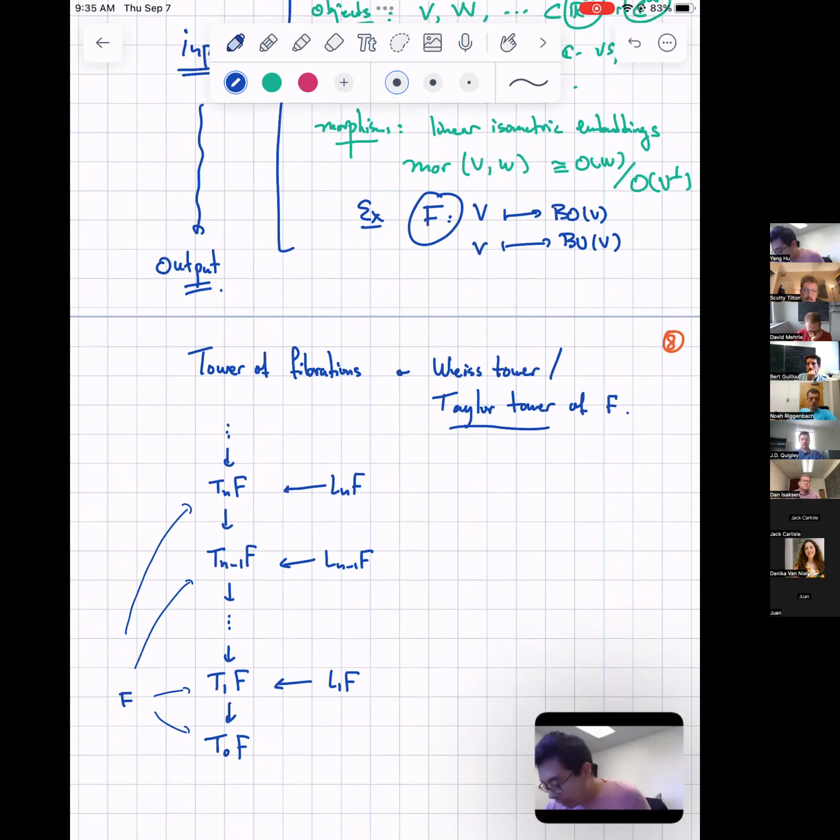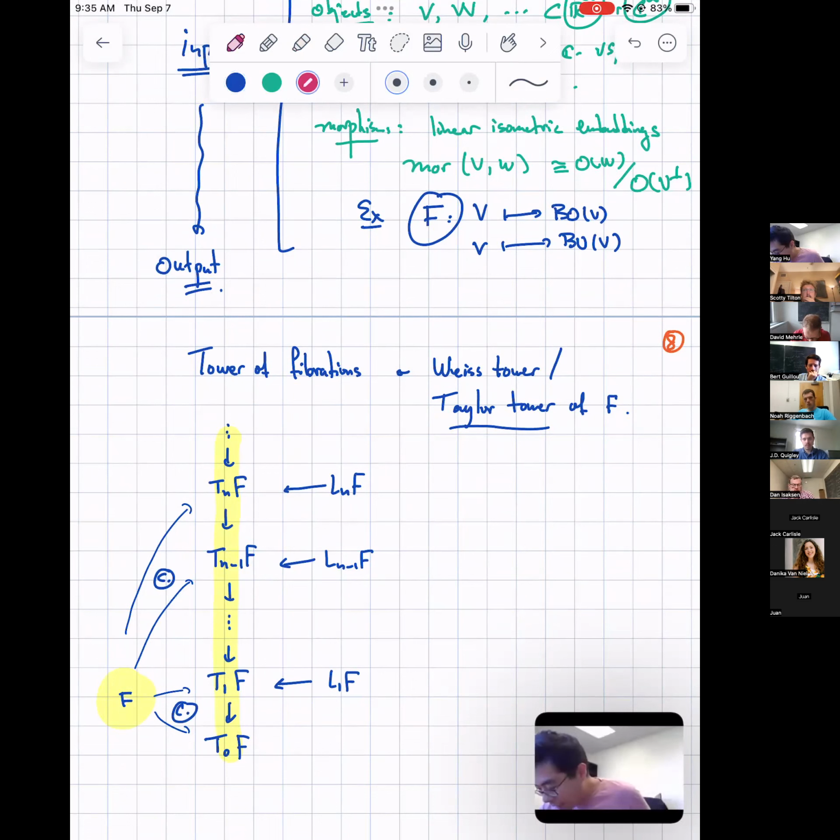So this is the tower of fibrations, and there's a comparison map from the original functor to this tower at each stage. And those comparison maps are compatible in the sense that each triangle like this has to be commutative.